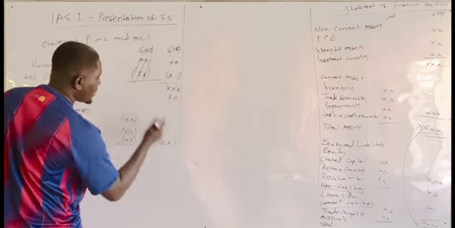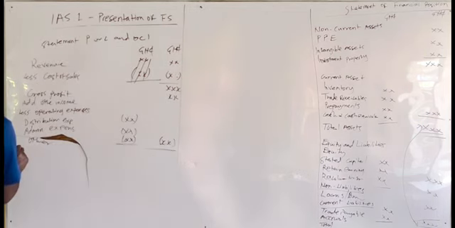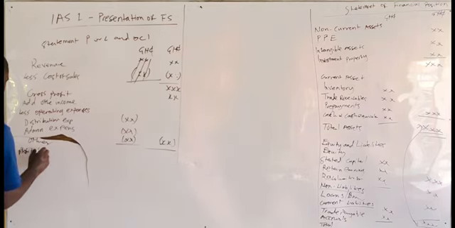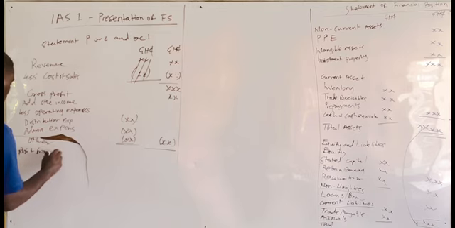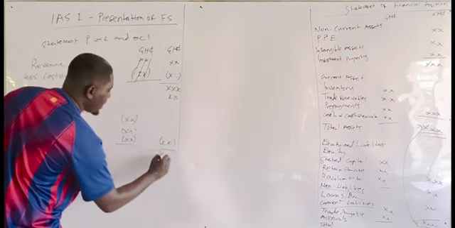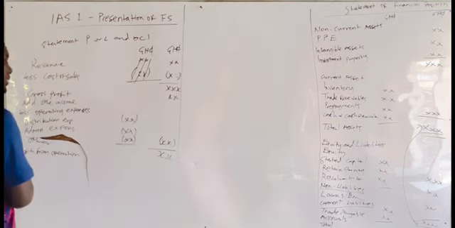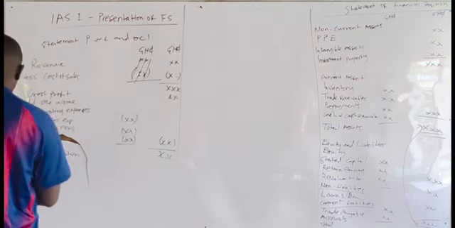Our expenses will be less. And then we'll come and get our operating profit. So profit from operation will be here.